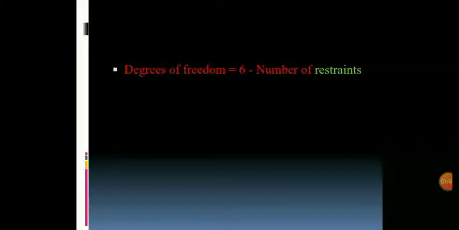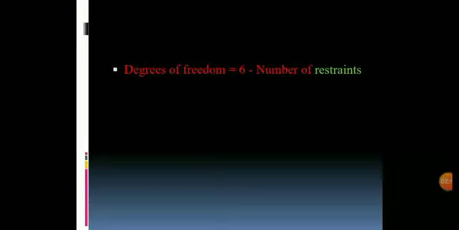So in another way, we can define degree of freedom as 6 minus the number of restraints. Now, what is this number of restraints, or how did this formula come into existence? As we have seen, any object in space can have 6 degrees of freedom, which is its maximum number. So the degree of freedom is defined as 6 minus the number of restraints.